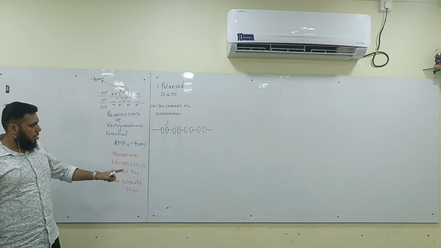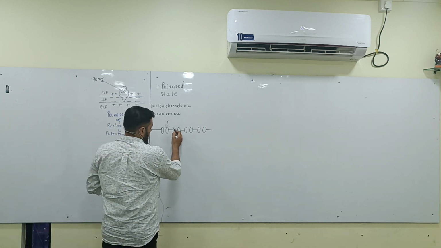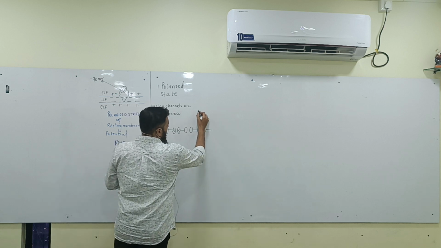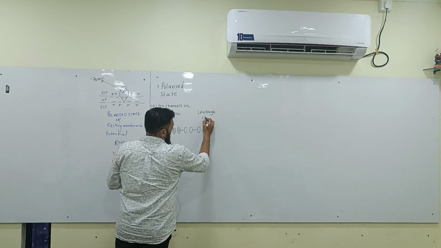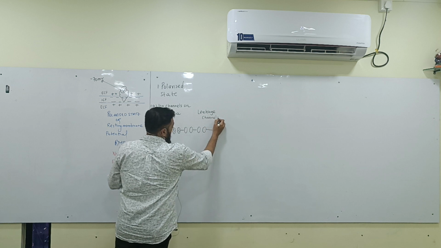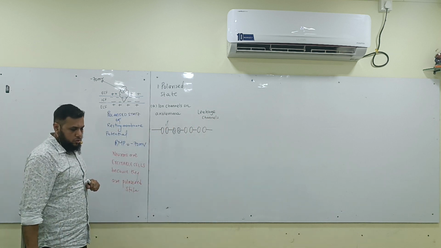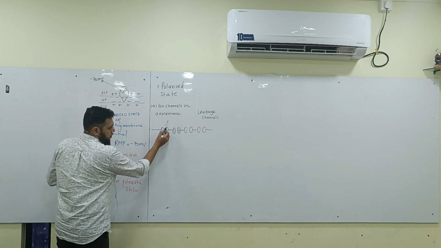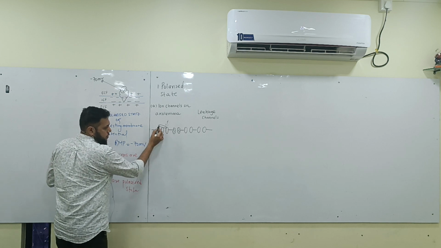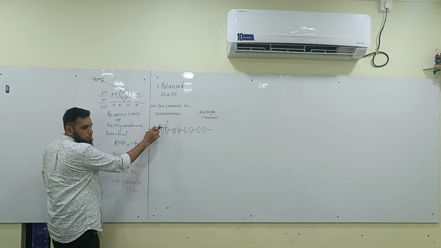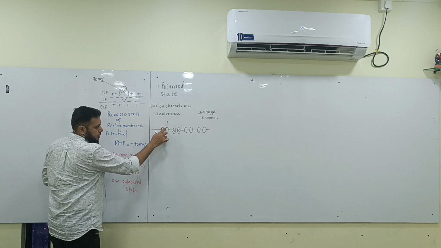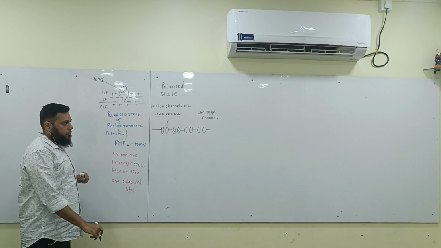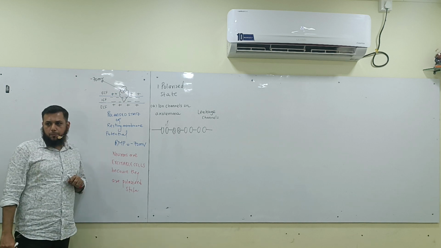Okay? These are called leakage channels, the ones which I have shown in the diagram. Because on these channels, such gates are absent. So that is why I am calling these channels which channels?